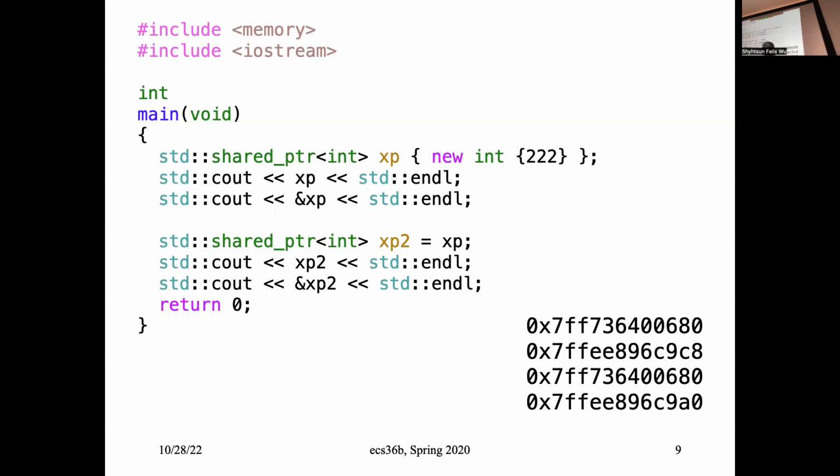Then this is the line where shared pointers start to play: I create another shared pointer. The syntax is shared_ptr, a pointer to an integer. You have to provide the type of that pointer, and then you just copy the value over. By doing this, the shared pointer count that you can access becomes 2.